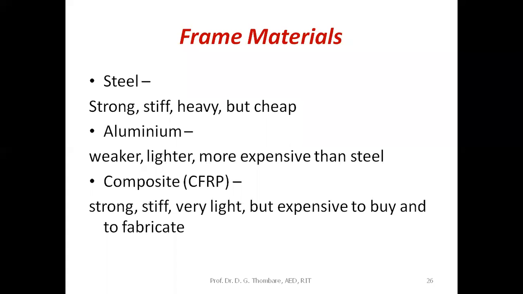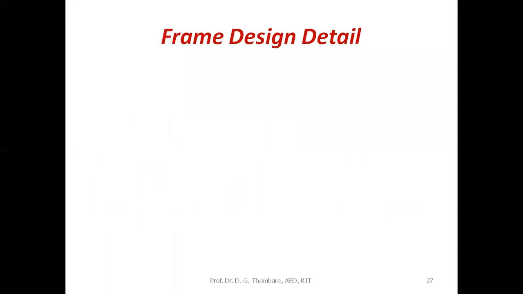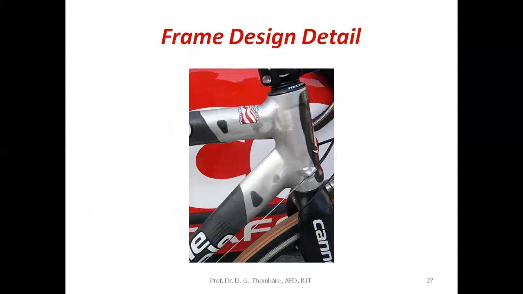You can select composite material for bicycle frames, but will you be able to manufacture so complicated a shape? Because bicycle frame is made up of tubular shape. Is it possible to use composite for bicycle frames in tubular cross section? And if it is there, whether it is having desired cost band to manufacture or to fabricate, this we have to think. So likewise, material selection should be made.